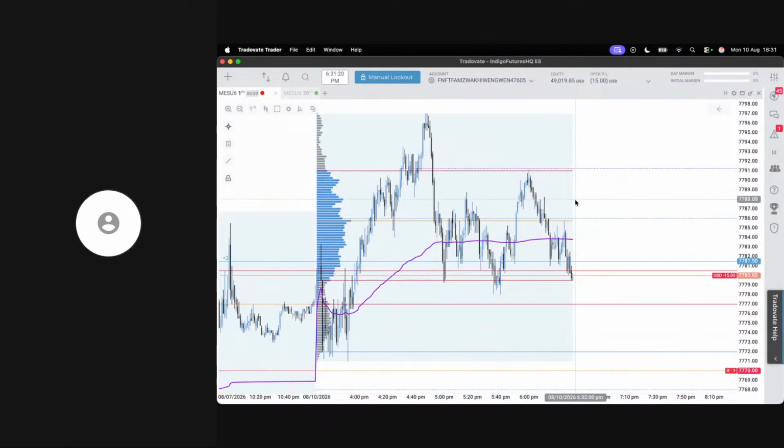We break below value area low, or we break above value area high.